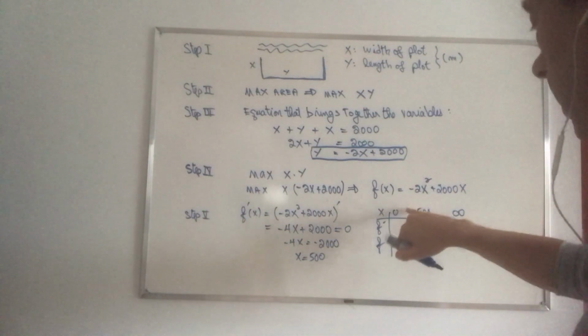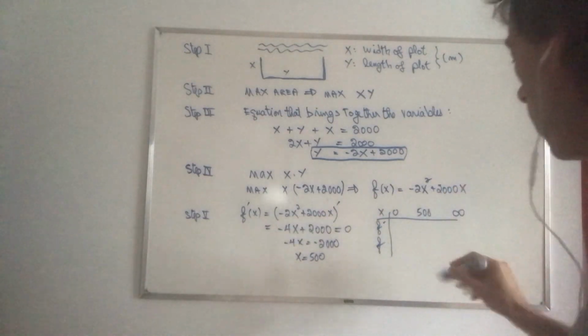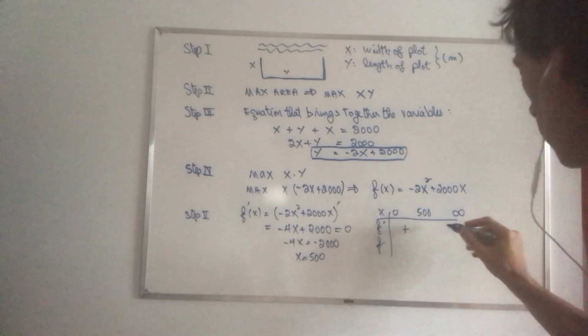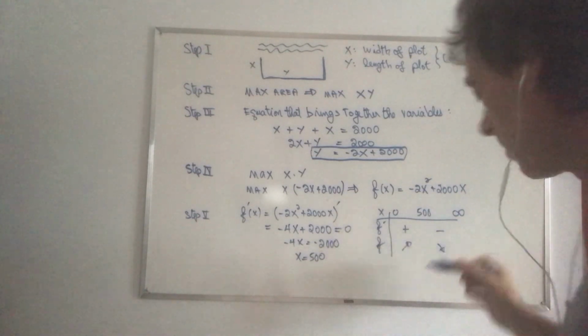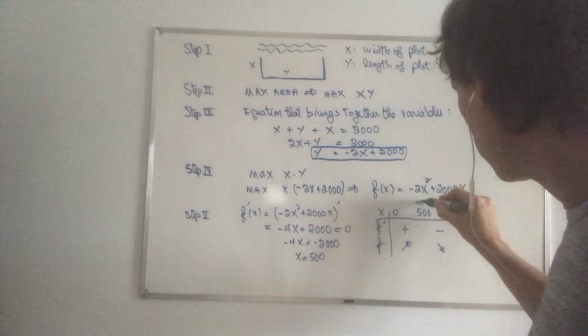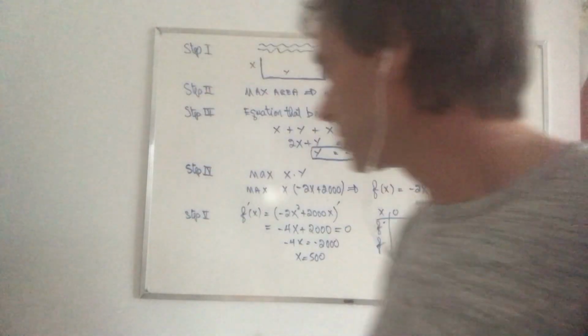Then I'm going to take a number here, say 1, and I'm going to find that it is positive. And say here I put 501, I'm going to find that it's negative, so the function goes up and the function goes down. And I get quite exactly what I was hoping for. I get a local maximum, and I have found the answer to the problem.